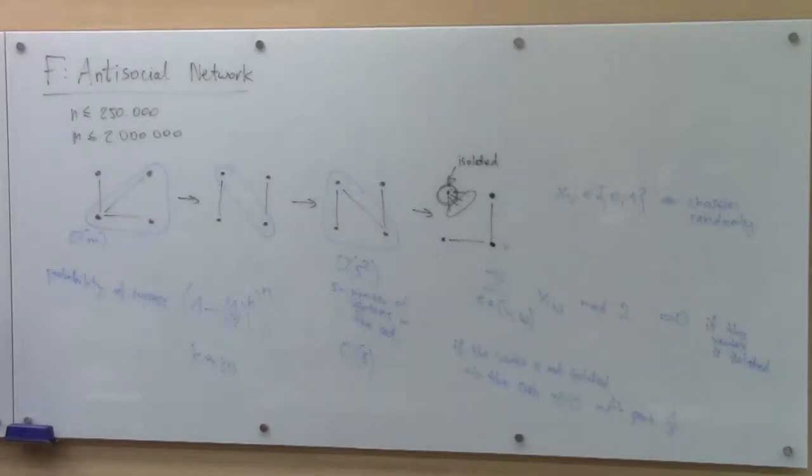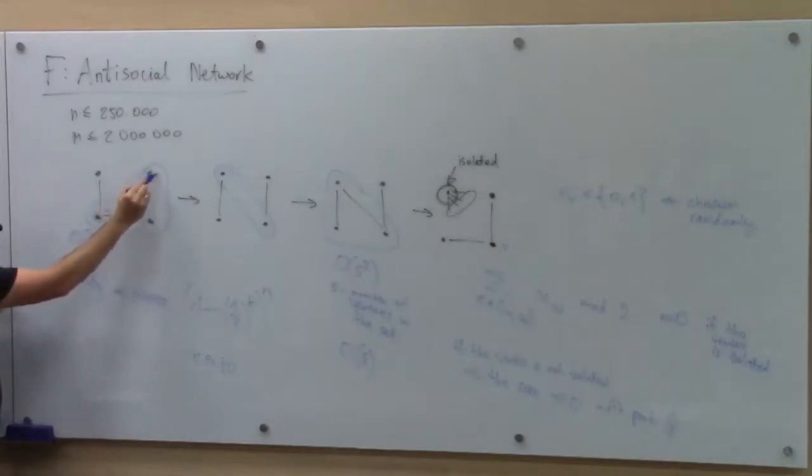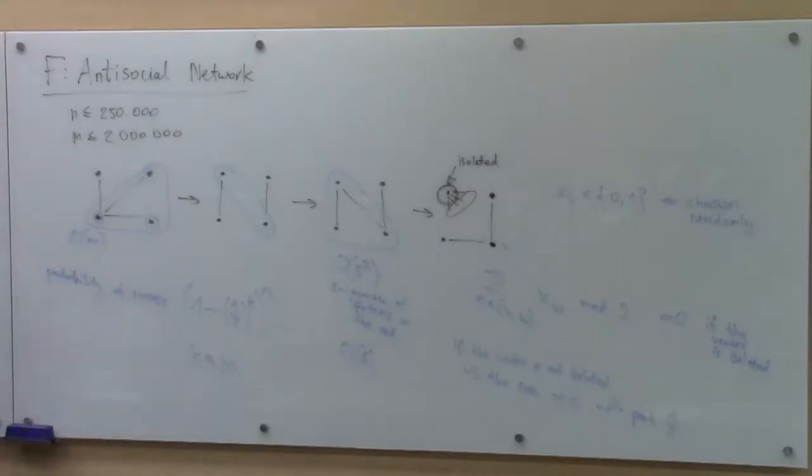We have to add the value of this vertex to the sum of every other vertex in this cluster. So for instance, for this vertex, we need to add the value of this vertex and the value of this vertex, and we need to do this for all other vertices. Thanks to this, that we are doing it modulo 2.